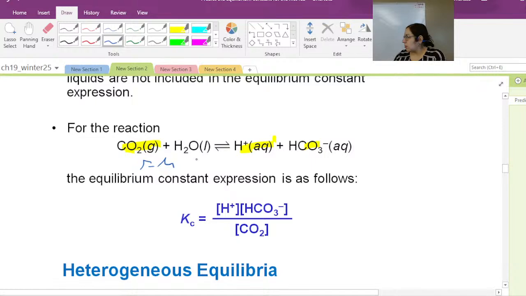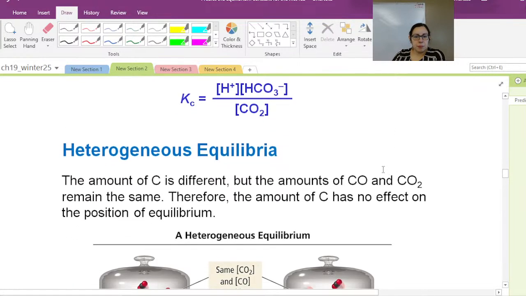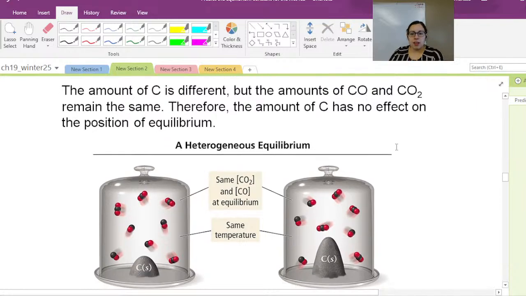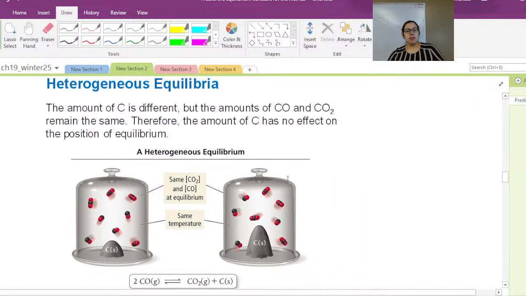And our H2O is excluded since it's a liquid and it's the entire medium for our reaction.